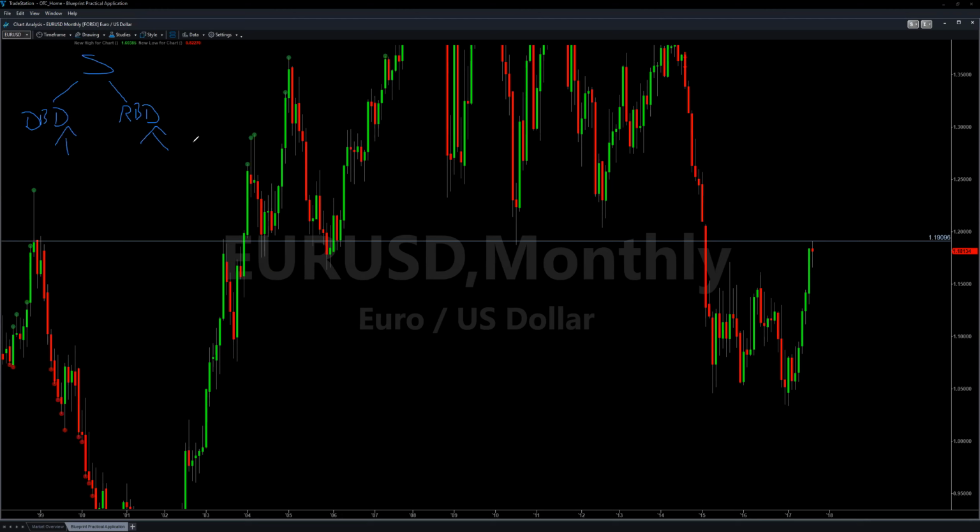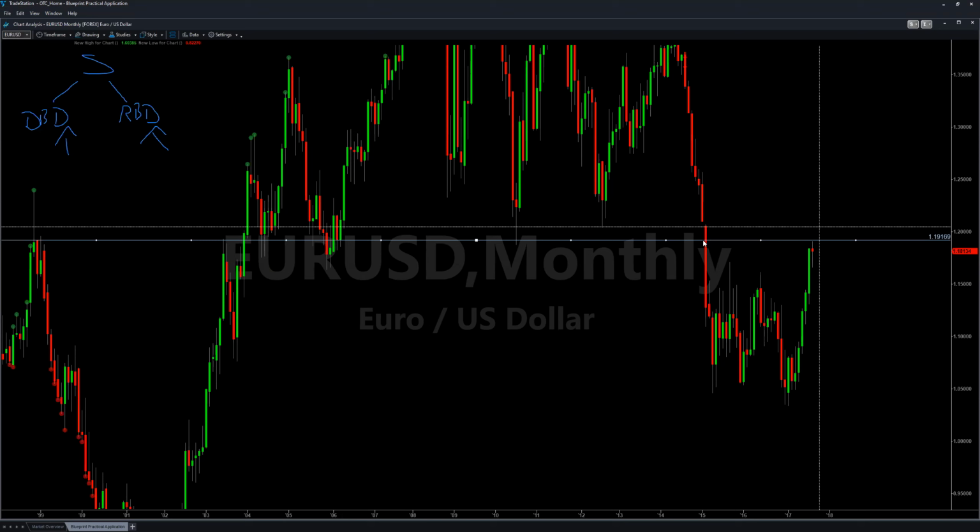Explosive, decisive, big red candles. Okay, and then we will go from the current price on the top of the current candle. Then we'll check the candles to the left. Where are our big red candles? Where are our clear drops?